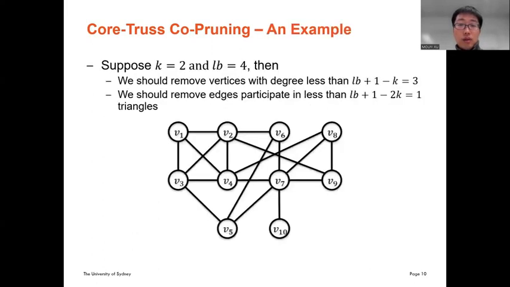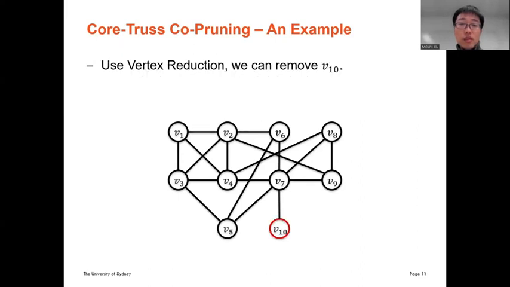Here is an example of our CoTrussPruning. Suppose we are trying to find a 2-plex and the current lower bound is equal to 4. For the vertex reduction, we should remove the vertices with degree less than 3. And for edge reduction, we should remove edges that participate in less than 1 triangle. First, based on the vertex reduction, we can remove vertex V10 because it has degree equal to 1.